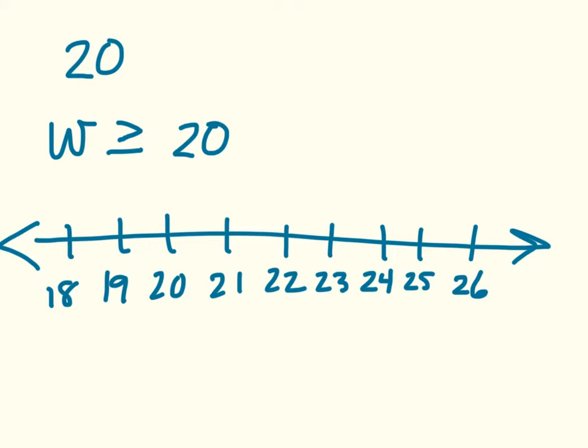We're going to draw a circle over 20 and fill it in to indicate that 20 is included in our set. And then we're going to draw an arrow to the right to show that every quantity greater than 20 is included in our solution.